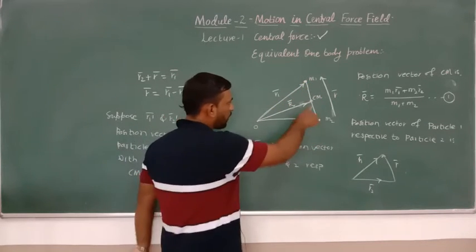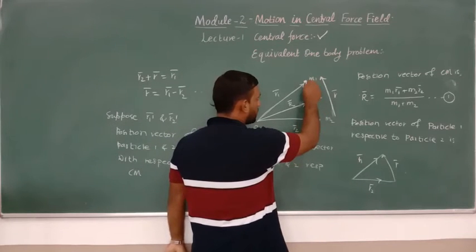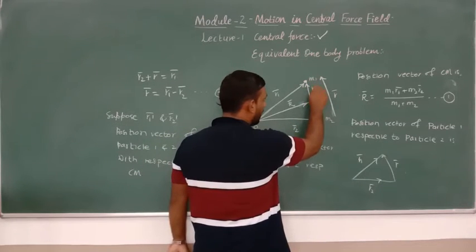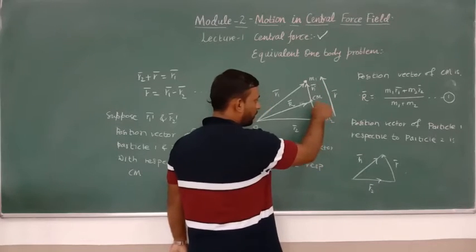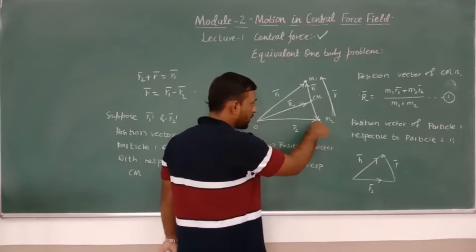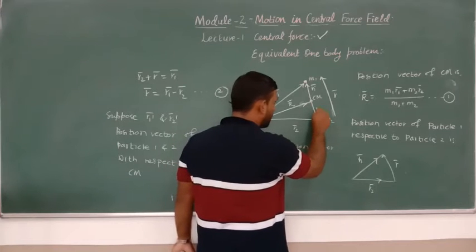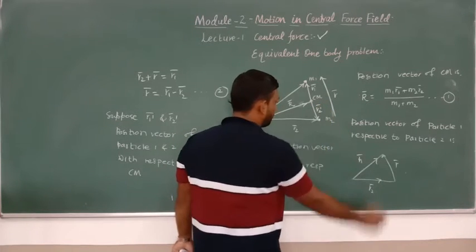With respect to center of mass, the position vector of the first particle is r1 prime bar, and of the second particle is r2 prime bar.